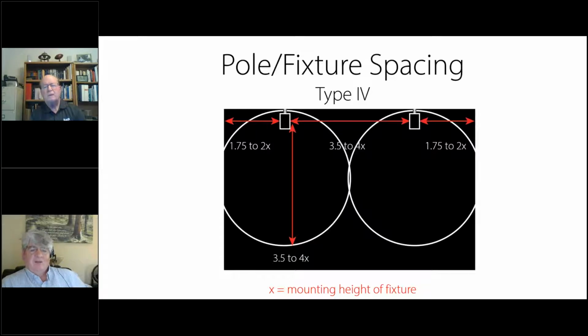So if I've got a 30-foot pole and I can go out 4 times the mounting height, that's 120 feet out. If they're asking me to do 200 feet, I can't do it. Side to side, if I'm going 4 times the mounting height, that means I'm going to go 120 feet spacing between poles, and that's the extremes. So we may be a little bit less, and that's where you really need to do a lighting layout. But these are outer limits. These are guidelines. Yes, good.